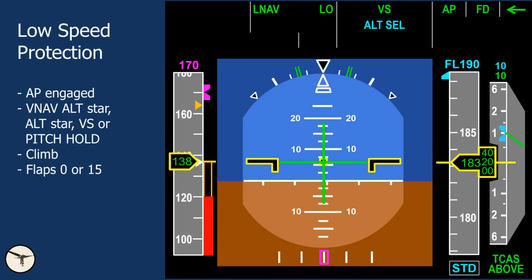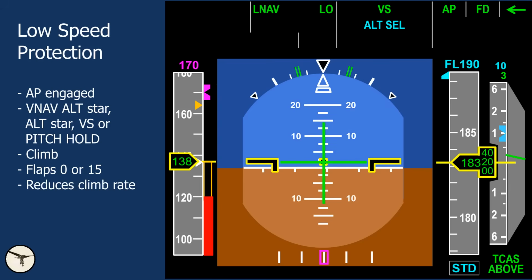If the airspeed approaches the minimum operating speed, the autoflight system starts to control pitch, and 3 seconds later, monitor speed is displayed on the FMA. When the vertical speed reaches 0 feet per minute while low speed protection is active, the active vertical mode is replaced by protection level mode, maintaining a vertical speed of 0 feet per minute.